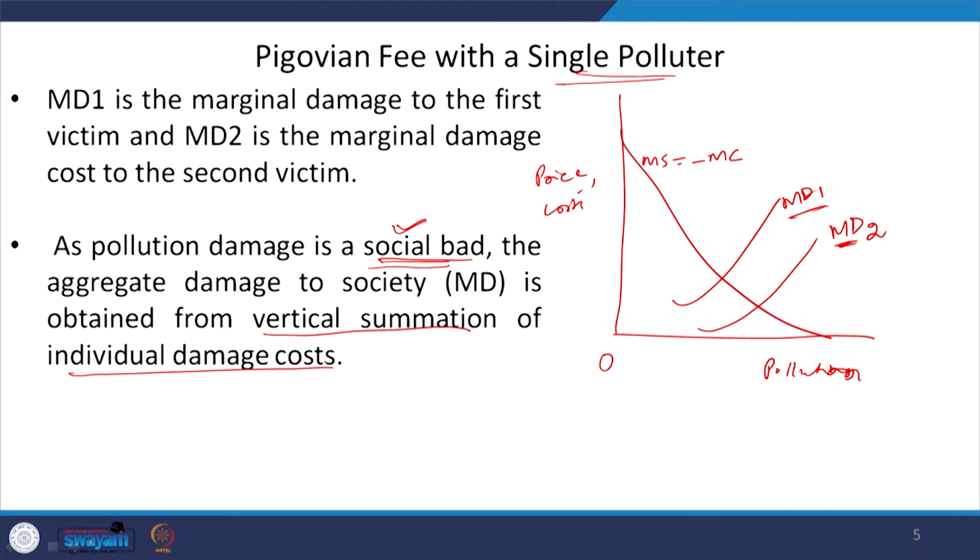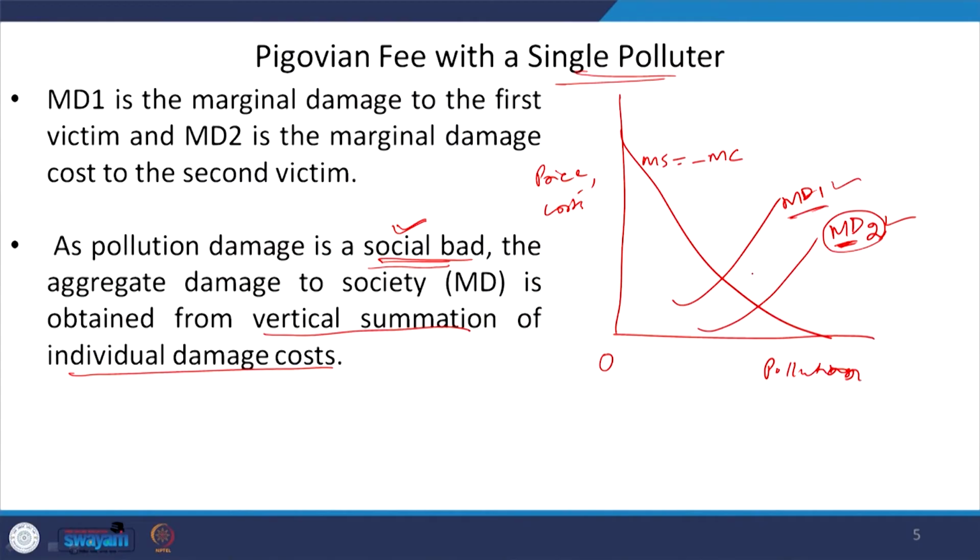So, if you have to find the aggregate damage function borne by the first victim and the second victim, you have to add them up, and this would be the vertical summation, not the horizontal summation. Remember that in the case of a social good or social bad, if you have to find the aggregate of anything, it should be added vertically.